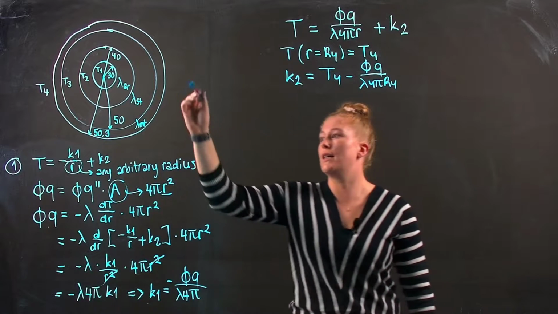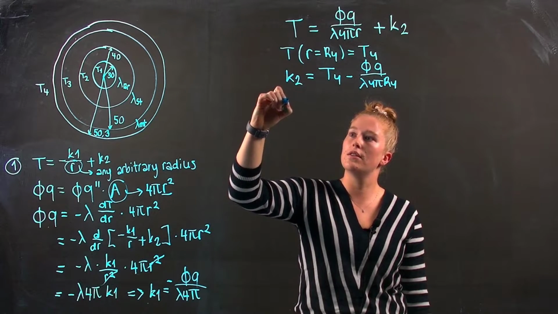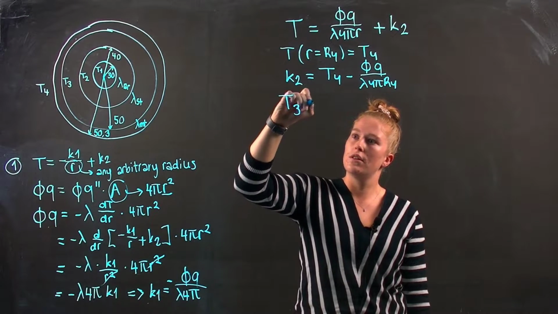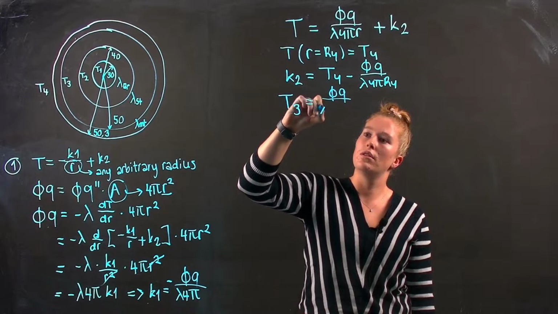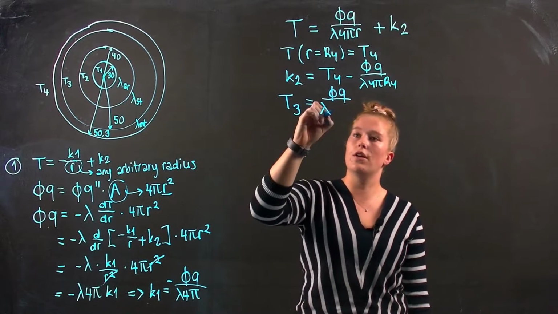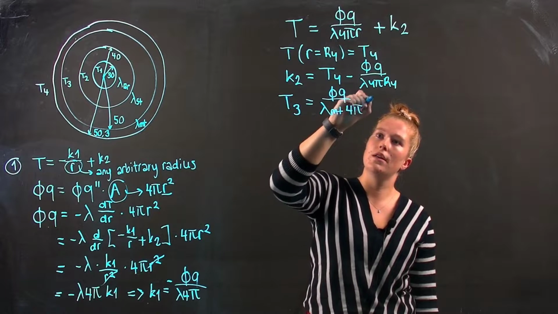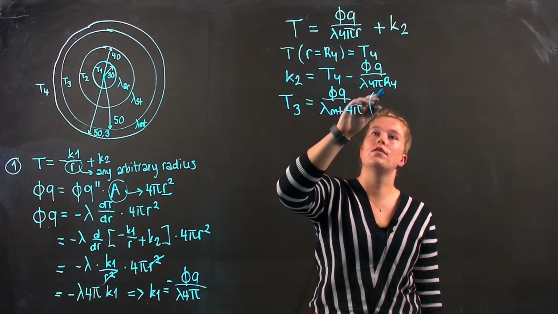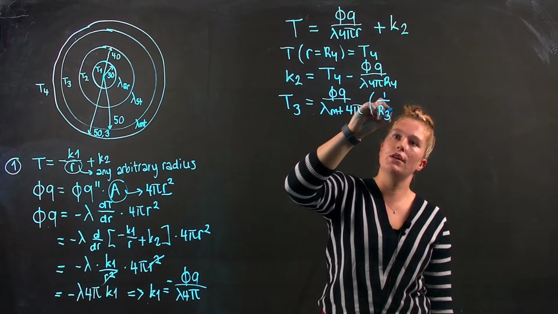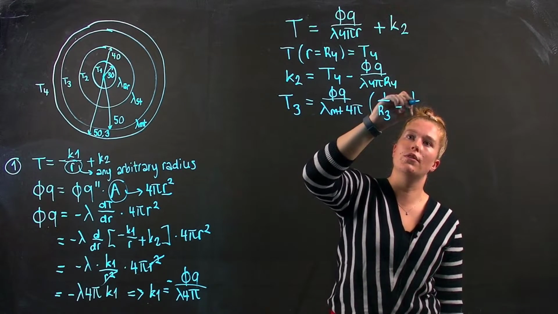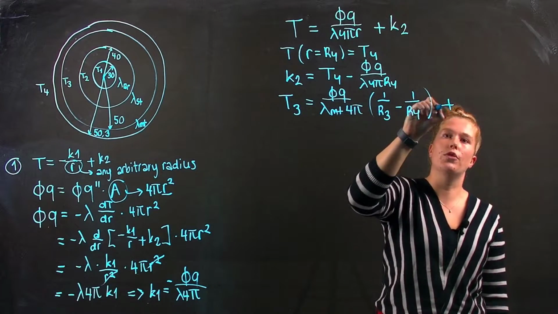And if we look at this first layer, we can say that our T3 is equal to our heat flow with the heat conductivity of our metal layer times 4 pi. And then we first have our radius R3, and then from our K2 we have the radius of R4, and we have our temperature T4.